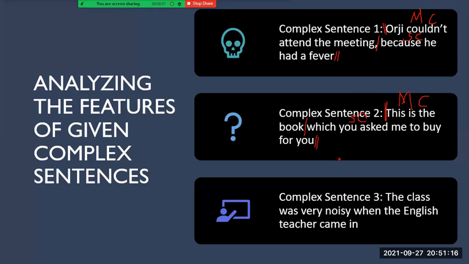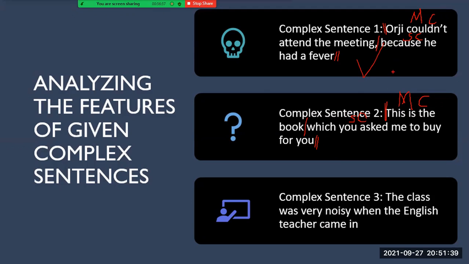Now, put together, we have a complex sentence. This is the book which you asked me to buy for you. That's a complex sentence. Then you can look at the first complex sentence. Oji couldn't attend the meeting because he had a fever.